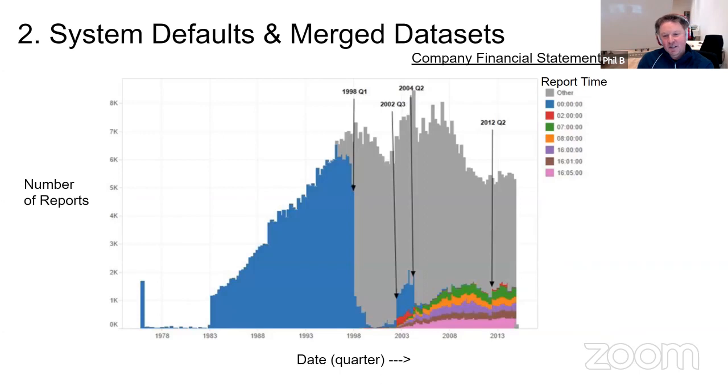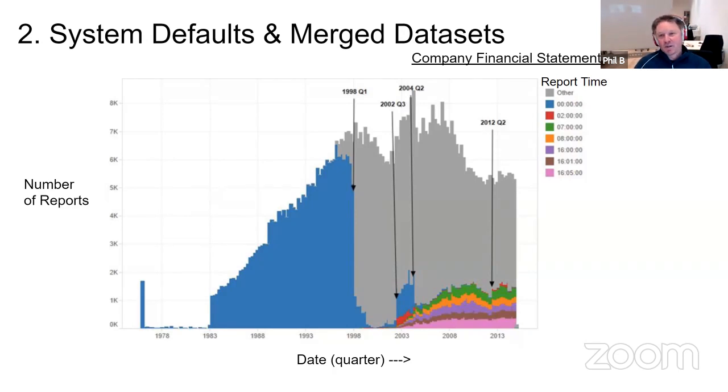So another issue is system defaults and merged data sets. I've worked quite a bit in the last 6 or 7 years in hedge funds, and this is kind of buying shares in McDonald's or whatever, ANZ Bank now on the stock exchange, and there's certain information you want to know about those companies.